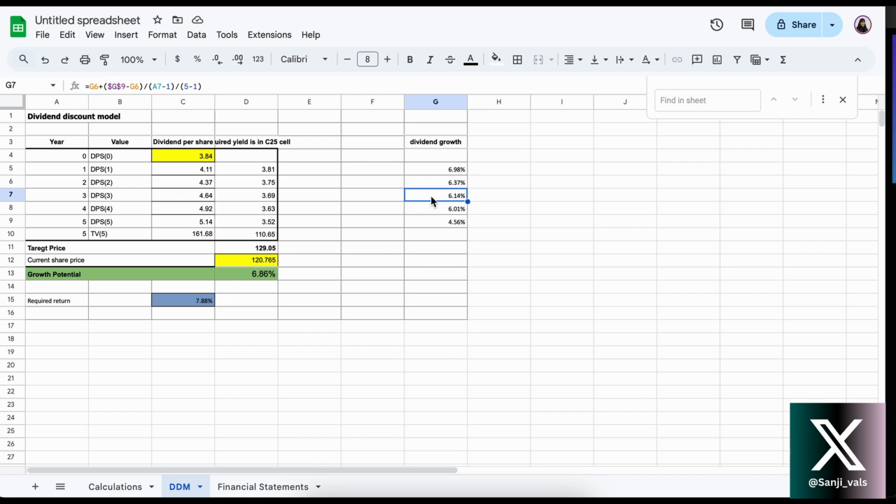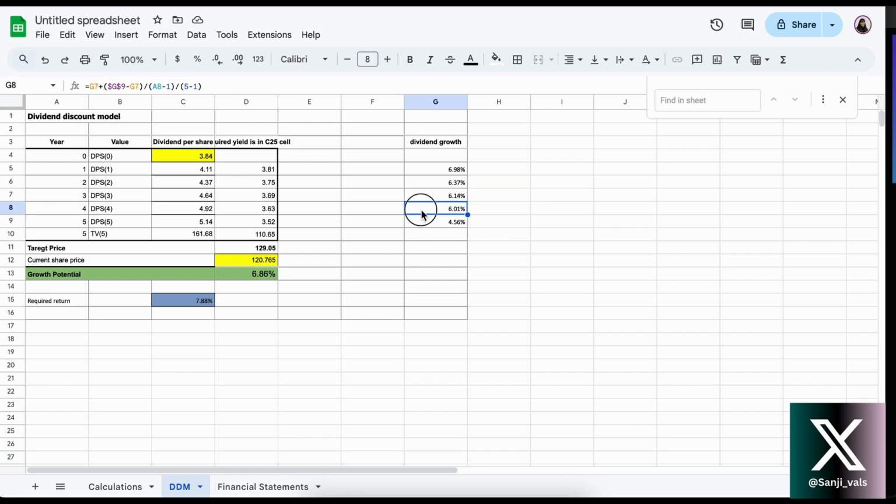Then for calculating the dividend growth rate for the third year, it's basically the same, but now you take the dividend growth rate for the second year that we just calculated, plus the dividend growth rate for the last year minus the dividend growth rate that we calculated previously, divided by 3 minus 1, because we are forecasting for the third year, divided by 5 minus 1.